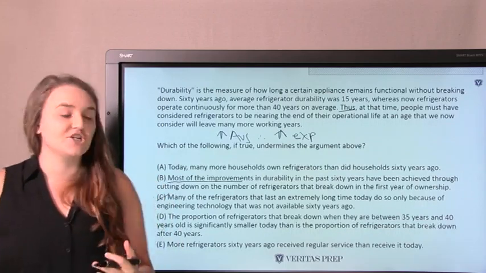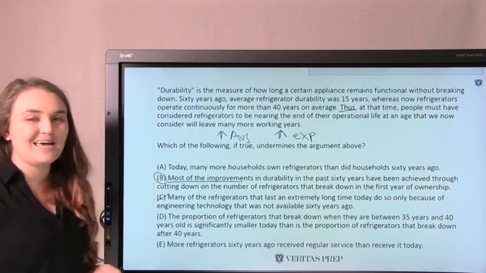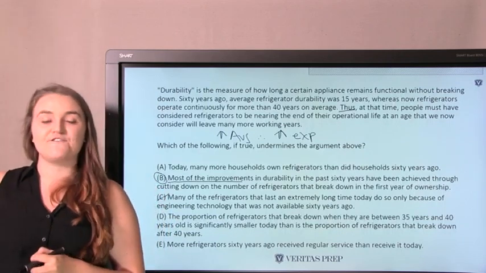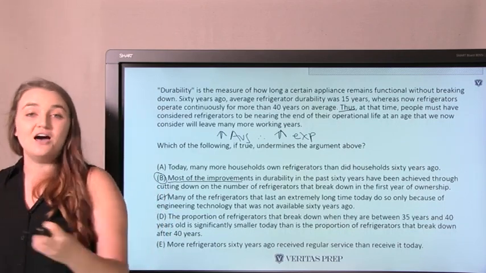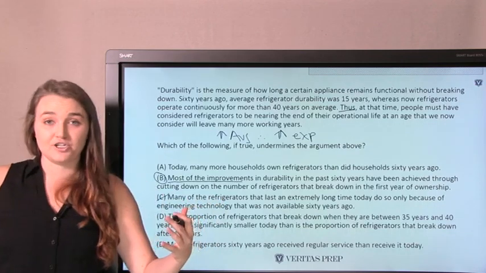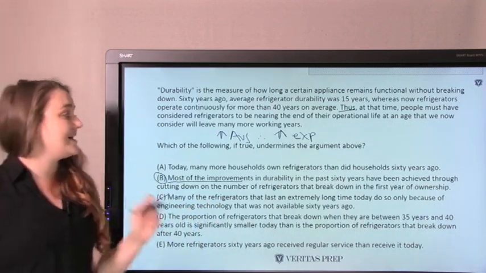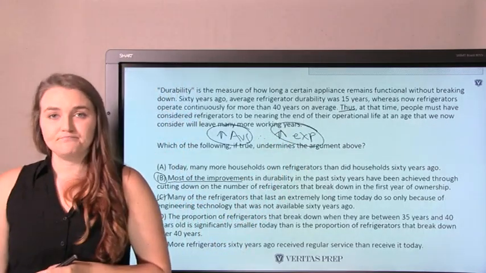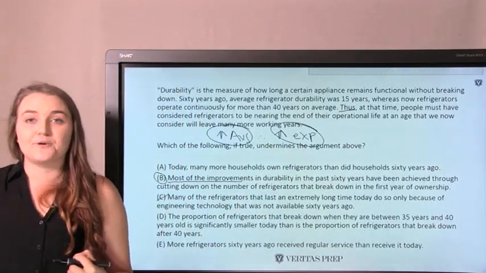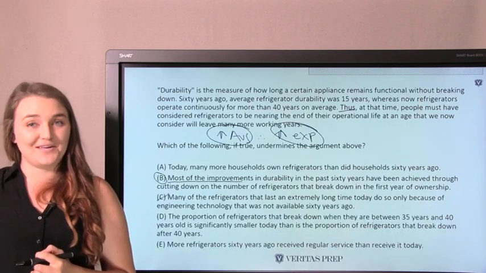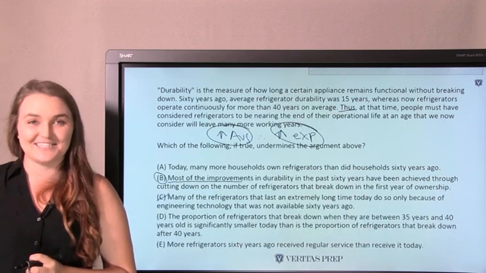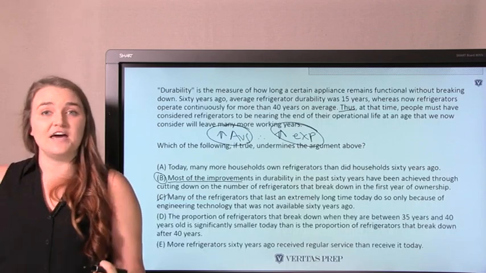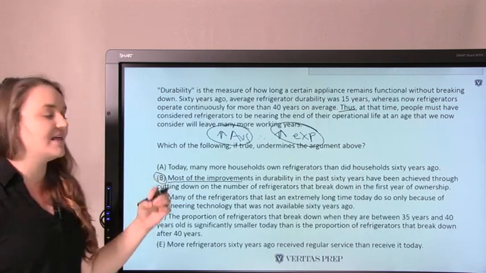So if we're in a position to where the usual case hasn't changed all that much, we just have fewer faulty refrigerators unduly shifting the average, well, we've got an answer that weakens the potential connection between average and expected. So we want to look out for opportunities here. So B is our correct answer here, despite the fact that it doesn't necessarily seem all that relevant on first glance.